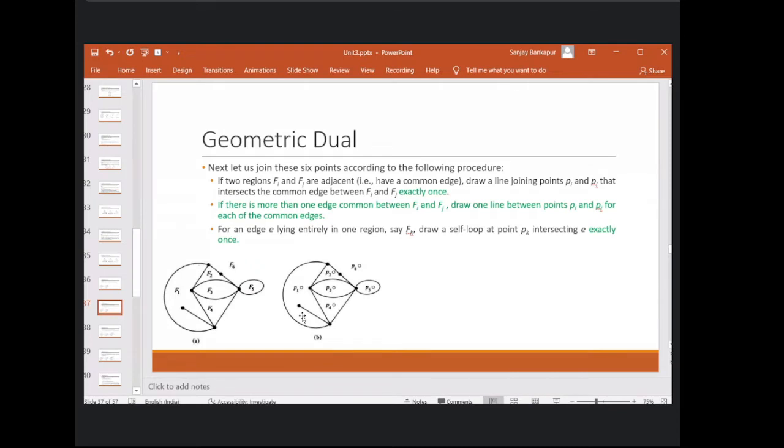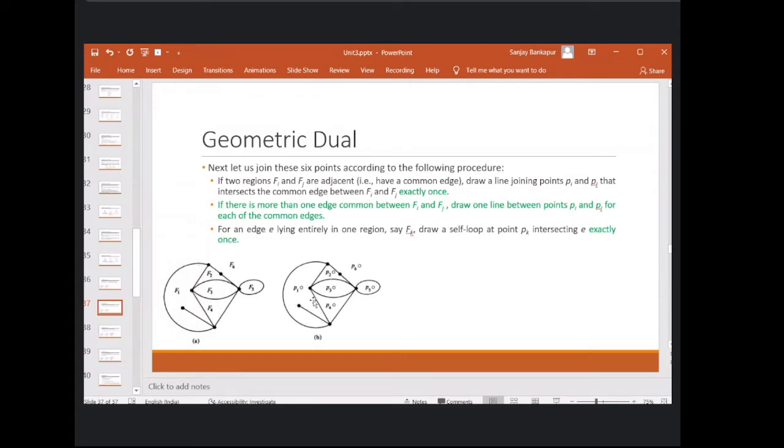Edge becomes a loop, no? So let's not go to F5 now because it's already a loop. What Kamesh has highlighted is correct. F1 is the region. In this region, there is an edge entirely lying, present but not connected. Such edges will become a self loop.